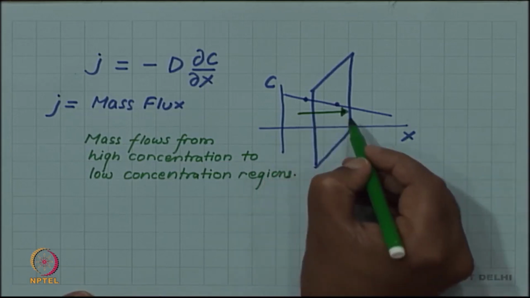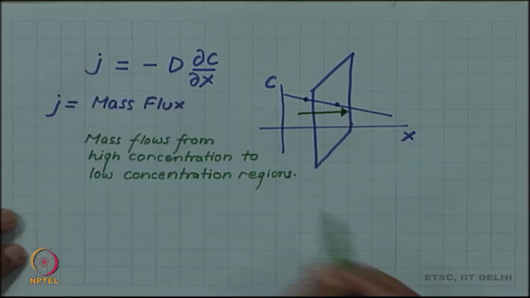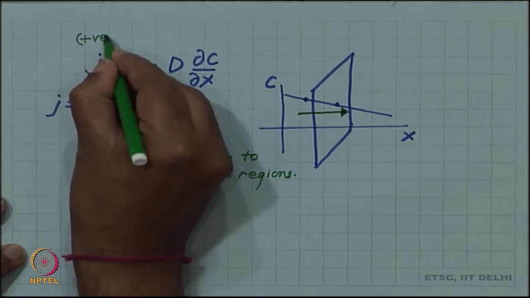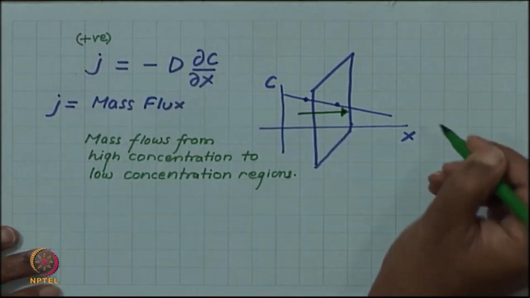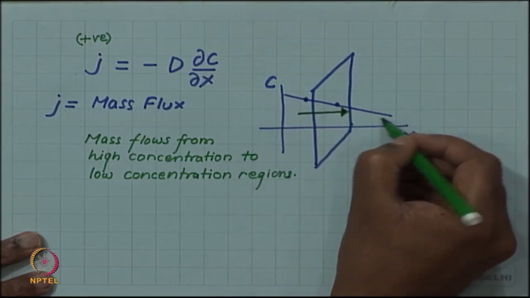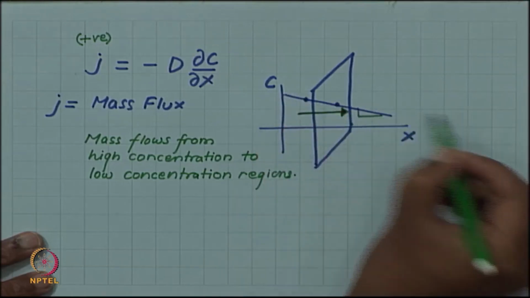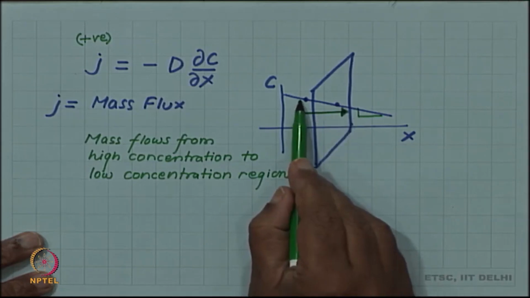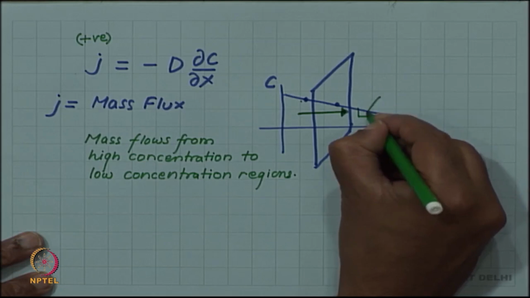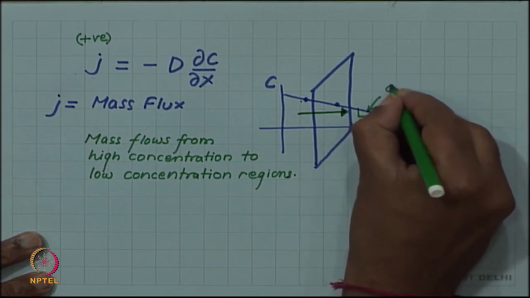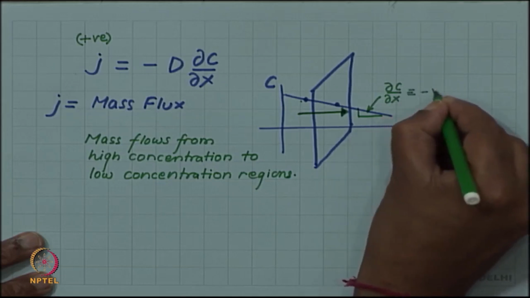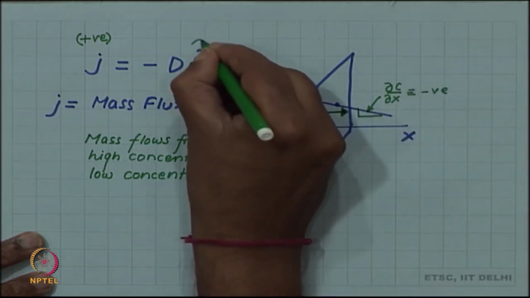But to have a positive flux, that means if J is positive, then del C by del x, the concentration gradient, we have a higher concentration on the left hand side and a lower concentration on the right hand side. So, this gradient del C by del x is negative.